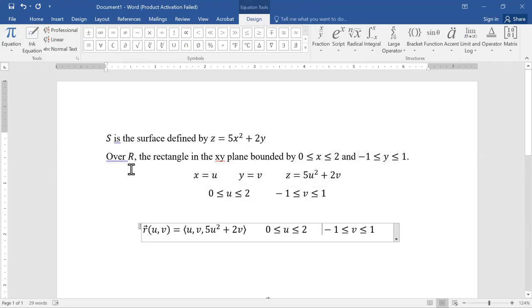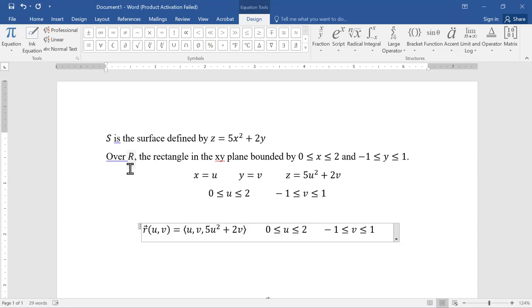Now, I know in the previous slides, R was a region in the UV plane. So this is a little bit of a confusing R here.